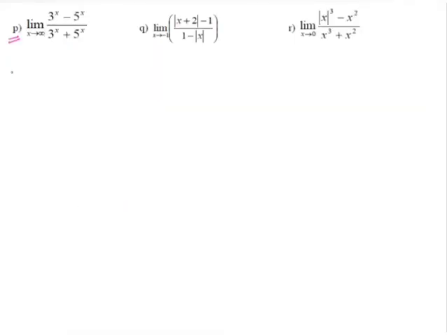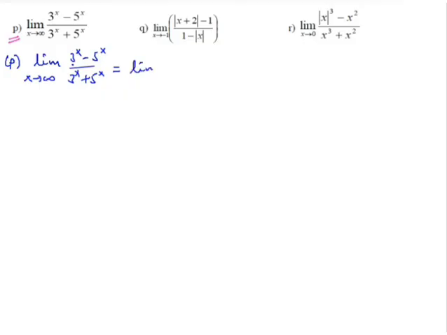In part P we have the limit of 3 to the power of x minus 5 to the power of x over 3 to the power of x plus 5 to the power of x, as x approaches infinity. Here we need to be very technical.